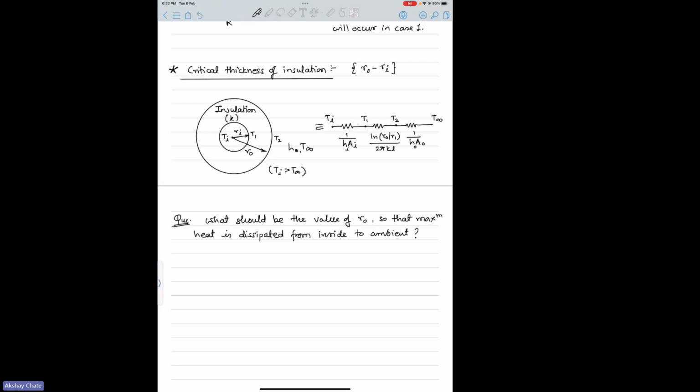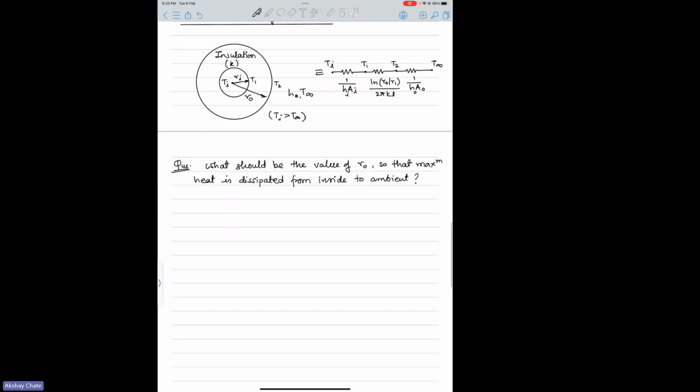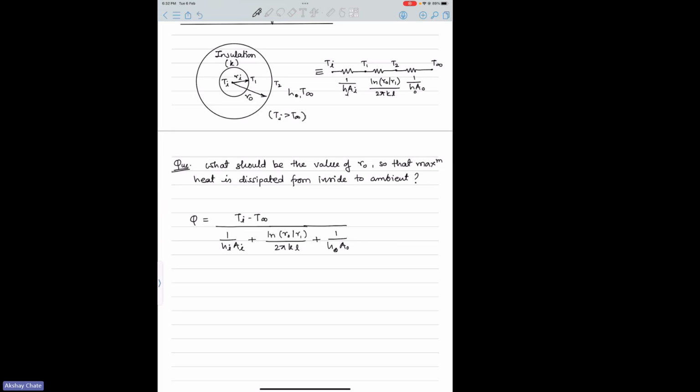So now, here similarly, you'll write Q is equal to delta T, which is Ti minus T infinity, divided by the total resistance: 1 by HiAi plus ln(Ro by Ri) divided by 2 pi KL plus 1 by HoAo, and Ai will be 2 pi RiL, Ao will be 2 pi RoL.